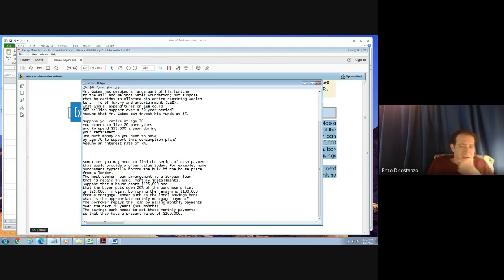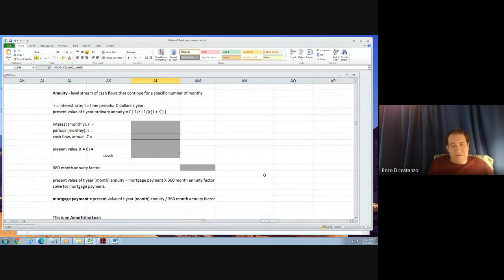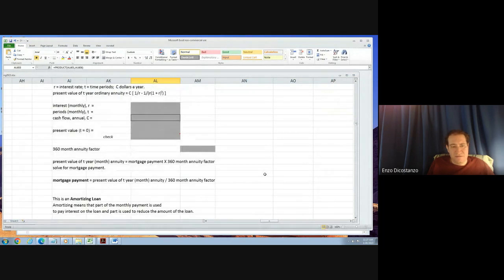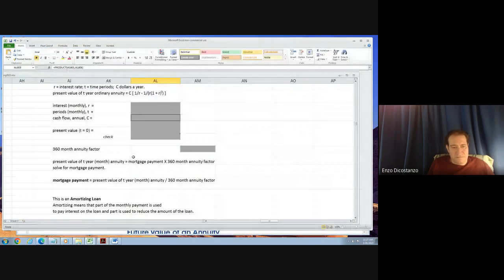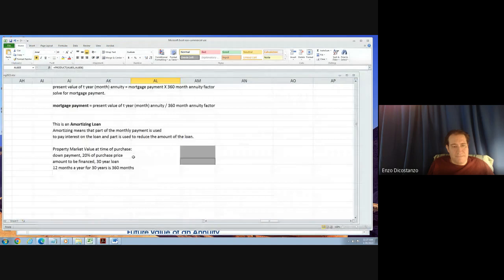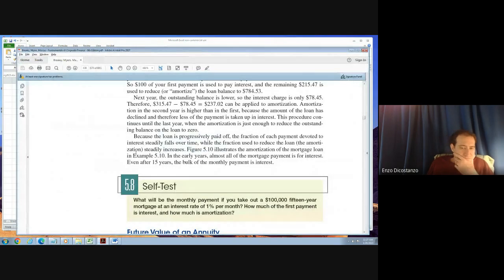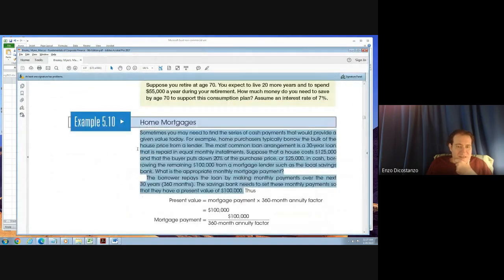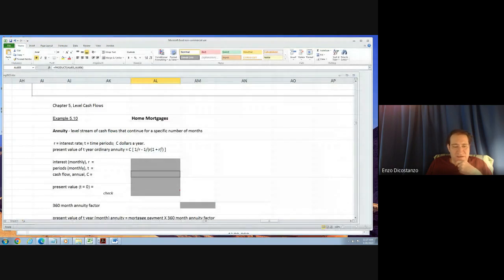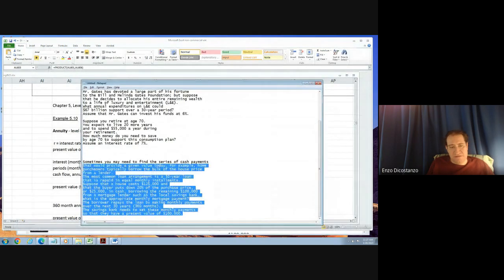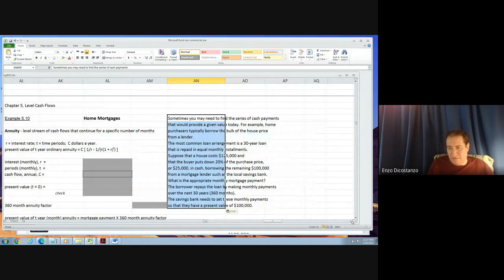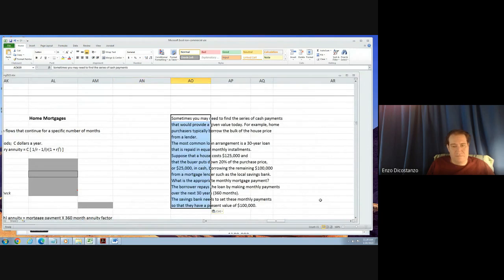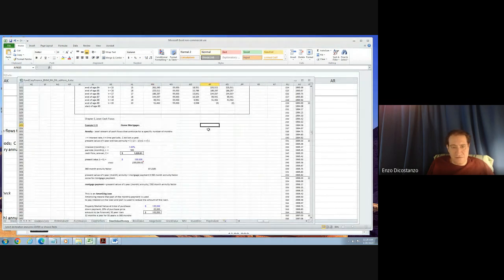This is your mortgage problem. The home mortgage example stayed the same. I'll try to jam it in here if I can. So you guys have that in there, and I'll drop that in my version so I have it in the future.